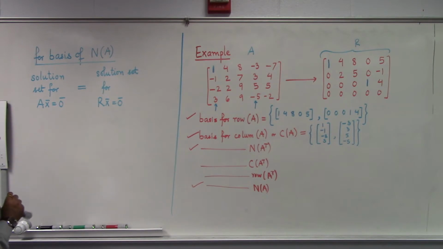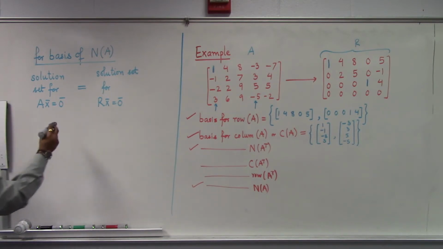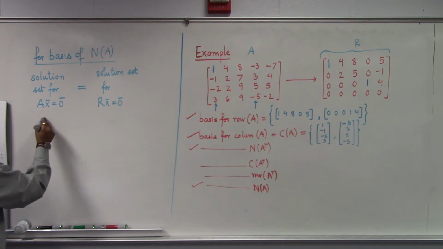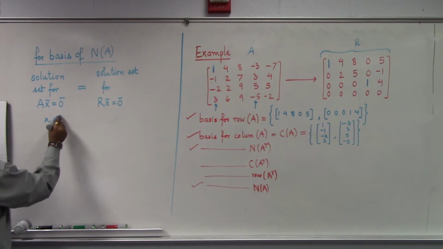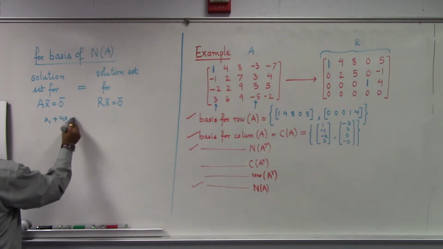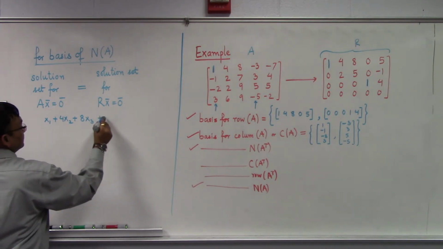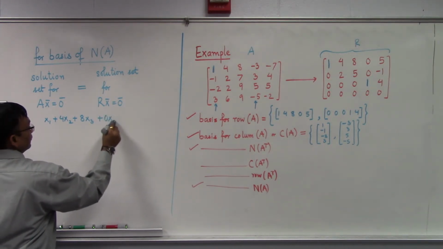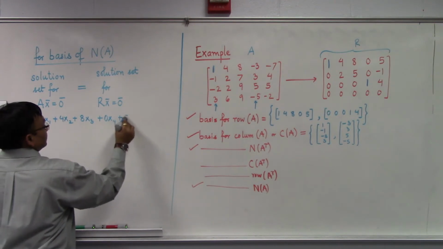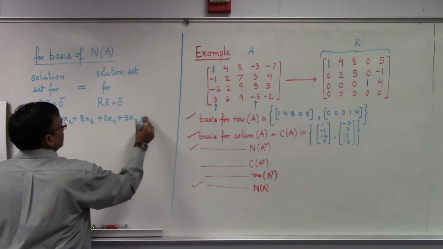Okay, so let's see. If you look at the reduced system, it will look like x1 plus 4x2 plus 8x3 plus 0x4 plus 5x5 equal to 0.